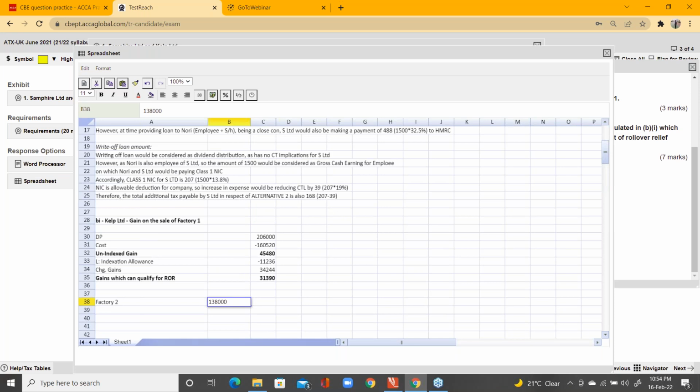Factory 2 purchased for 138,000. We are also trying to cover part B2 of the question because we have just a few minutes left.